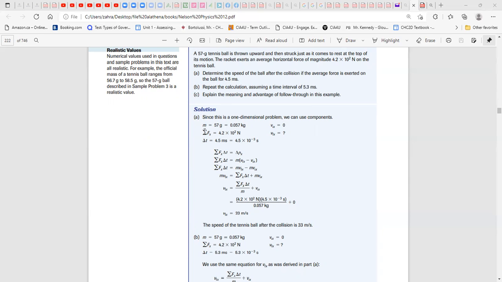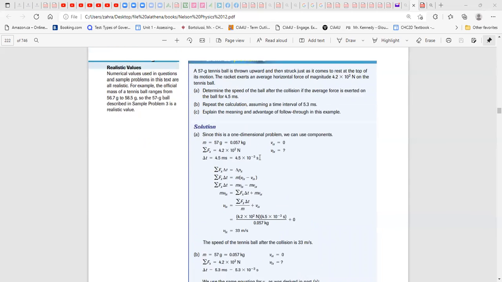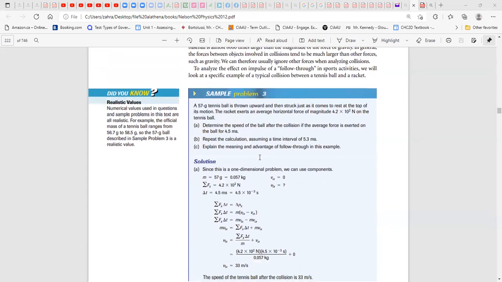So we have force, we have time, we can find the change in velocity. We have some initial velocity, but the final velocity will be zero, because at its maximum it will come to rest at the top of its motion.